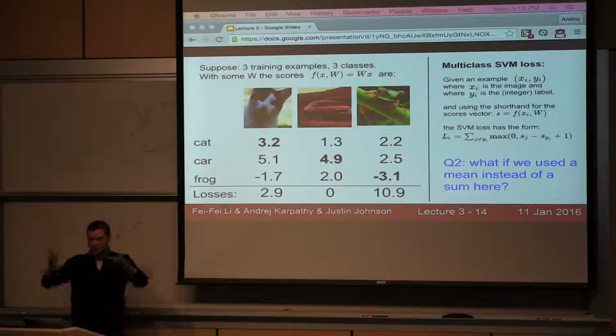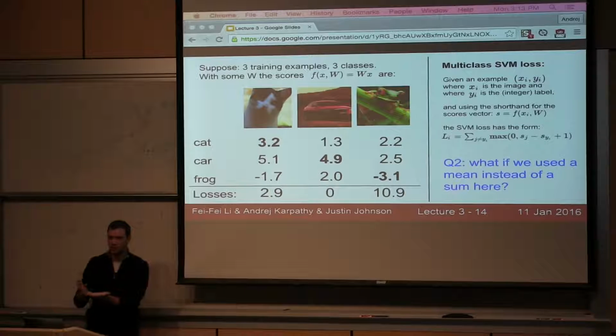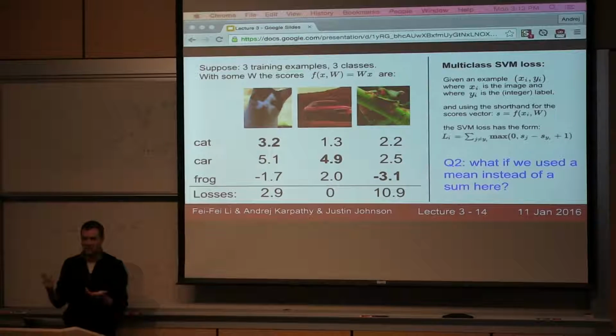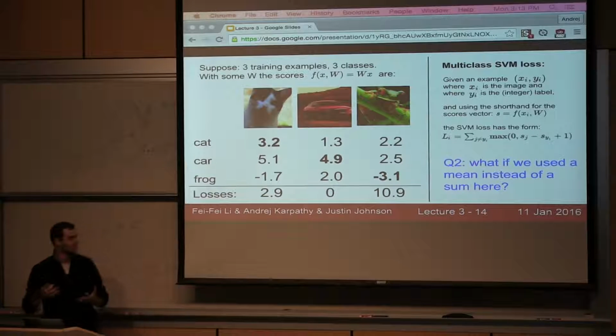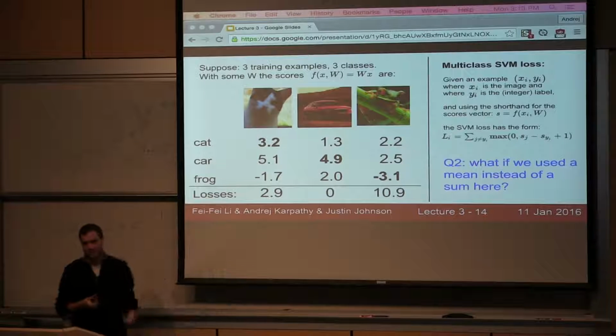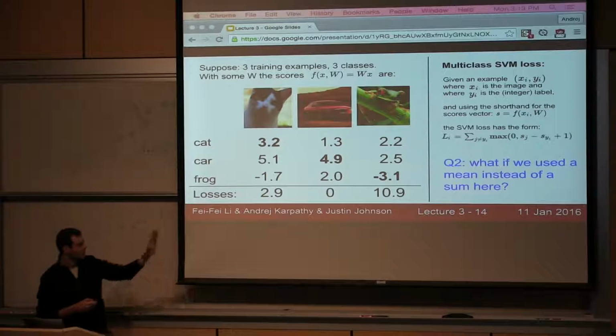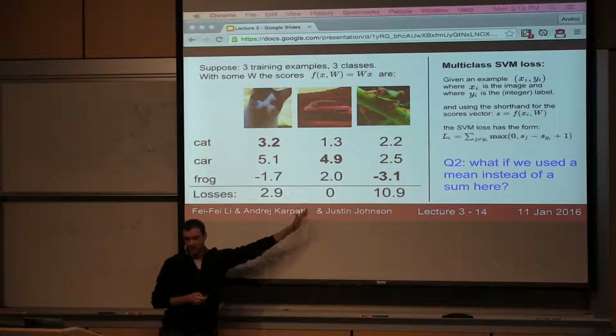So if you're shifting your loss up by 1, or scaling it with a constant, this doesn't change your solutions. You're still going to end up with the same optimal Ws. So these choices are basically free parameters, they don't matter. So for convenience, I'm adding a j not equal to yi, and I'm not taking the mean, although it's the same thing. And the same goes for whether or not we average or sum across the examples.